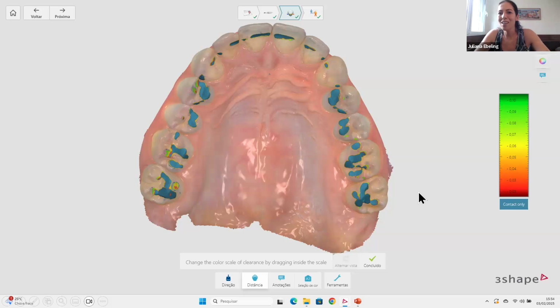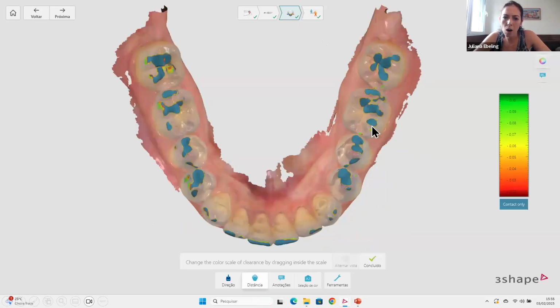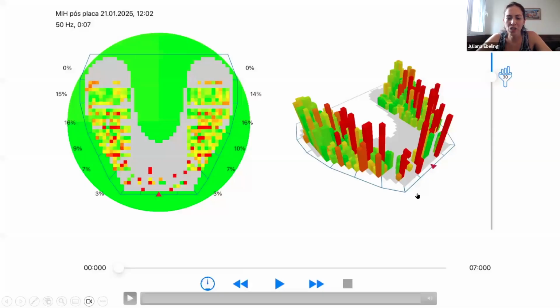And I don't have this answer with any of the devices that I'm using. Here we have the carbons, and here also the occlusogram from the scanner. So let's understand what is really happening with this patient.